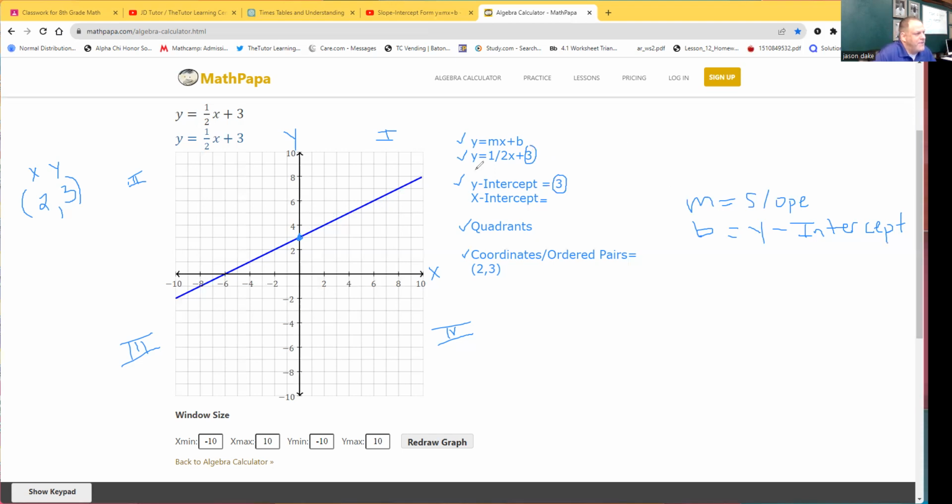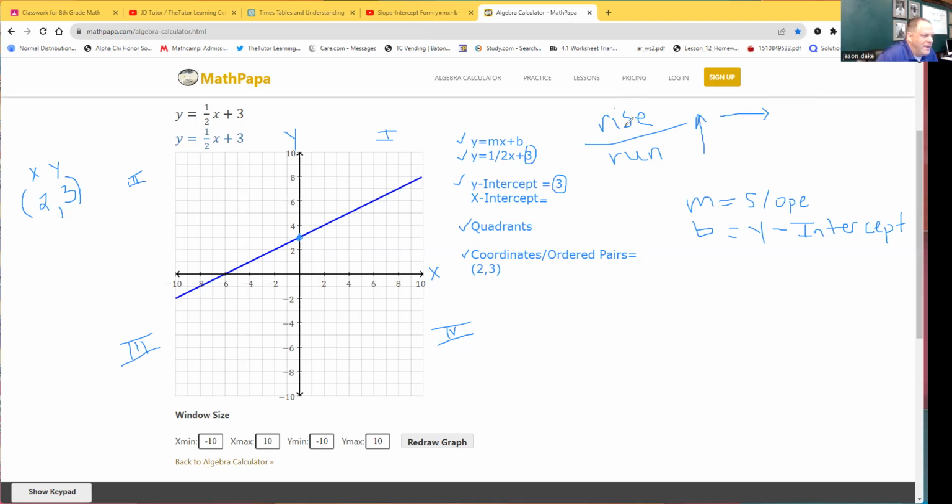So let's look at that 3. Now let's look at this 1/2, which is our slope. Let's see if we remember rise over run. Okay, rise over run. All right, so that means you rise up to the occasion and you run out the door. No, I'm just kidding. So you do rise over run.